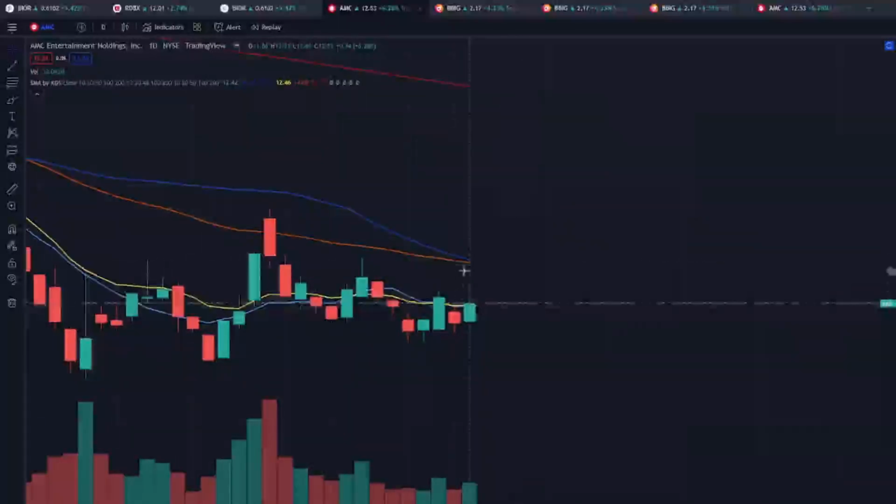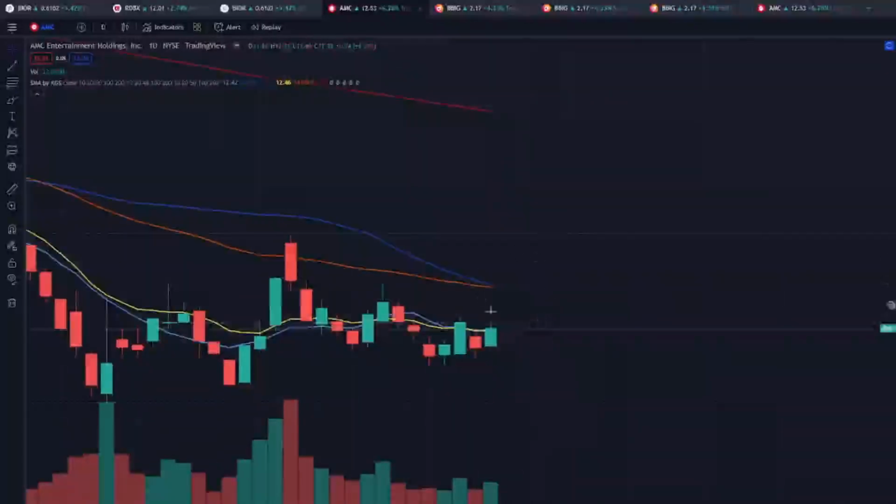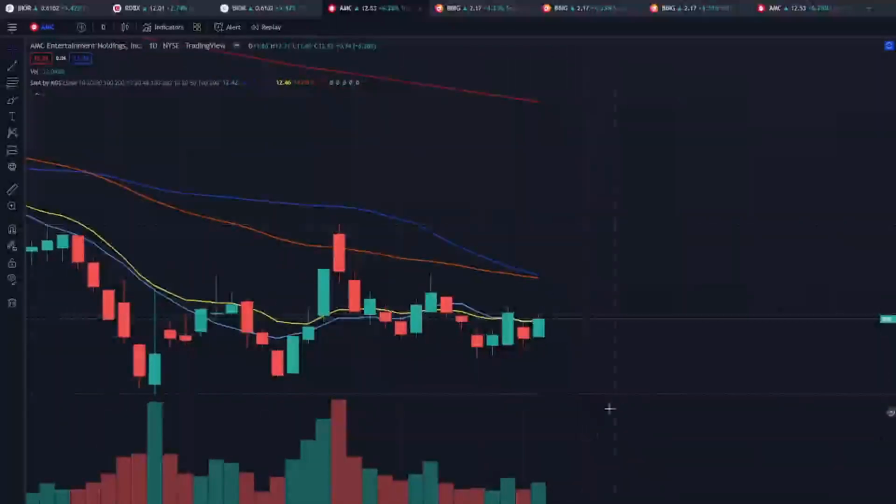And then either it gets hard rejected and drops into infinity, but I think it might cross above, but we'll see. So just to answer your original question, it sort of is resisting the price at the moment, and we need to maintain a position above it to say that for the short term we have strength.